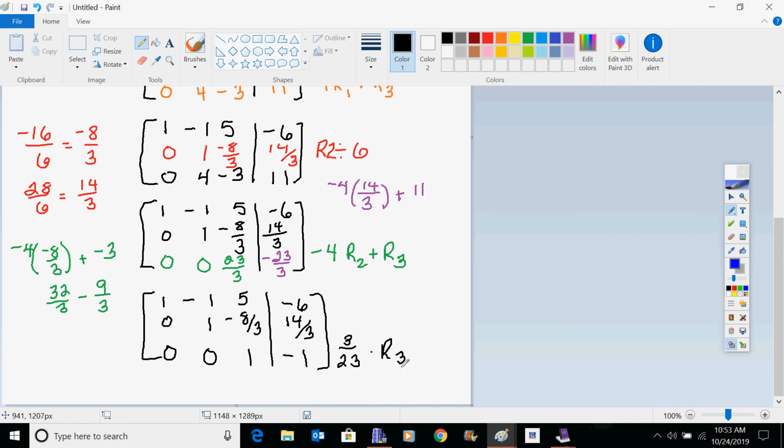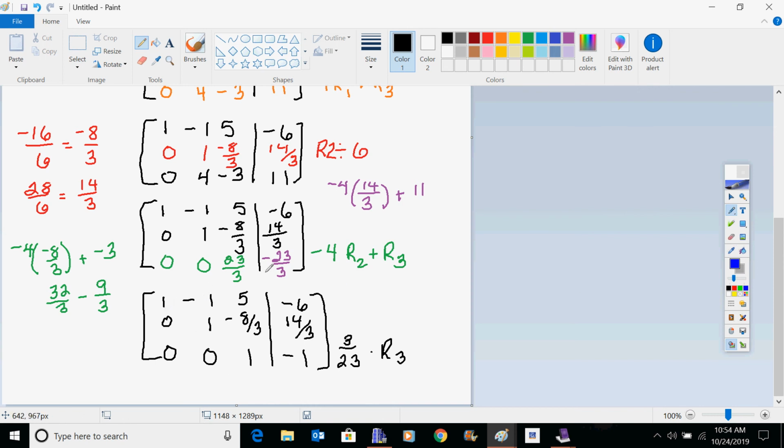Negative 1. All right, now it's in echelon form, with 1's down here, and now I can answer the question. You're like, why are we doing this? If we can hold off for a minute, we can analyze this. Now we have our answers through the X, Y, Z columns.